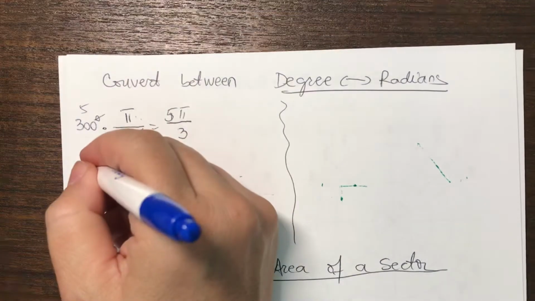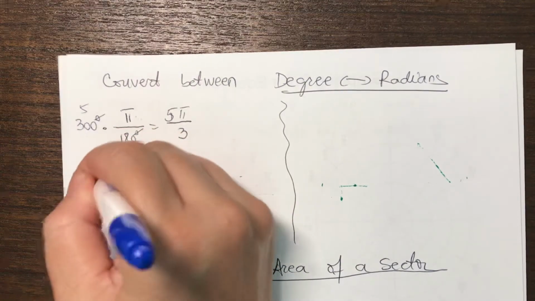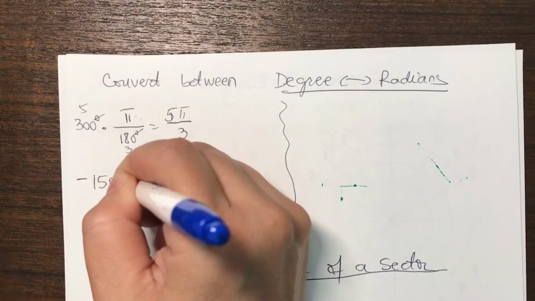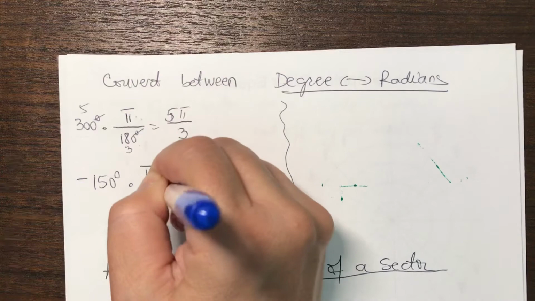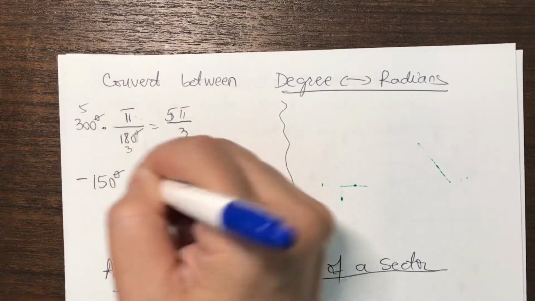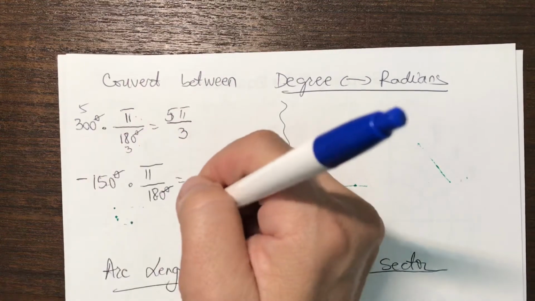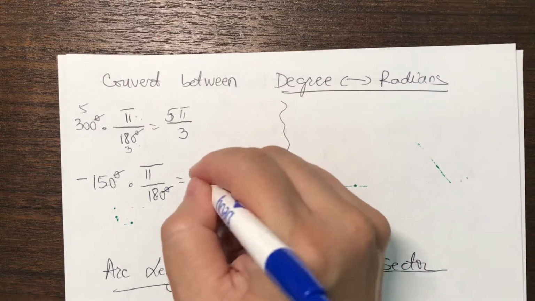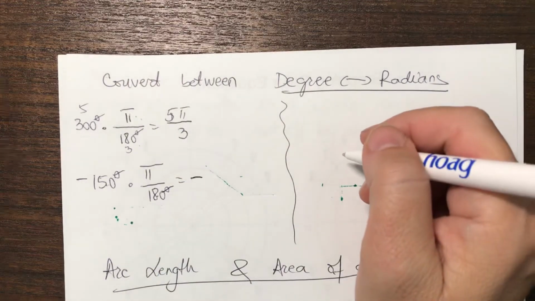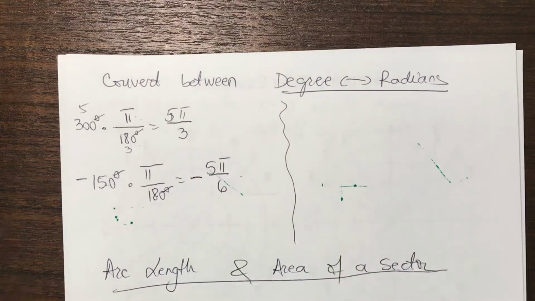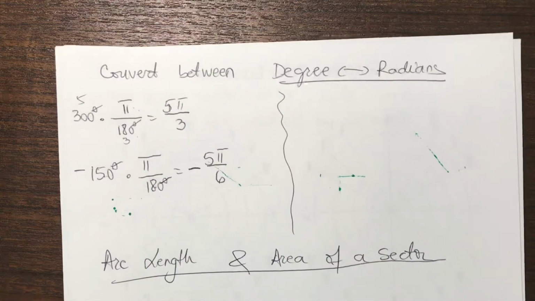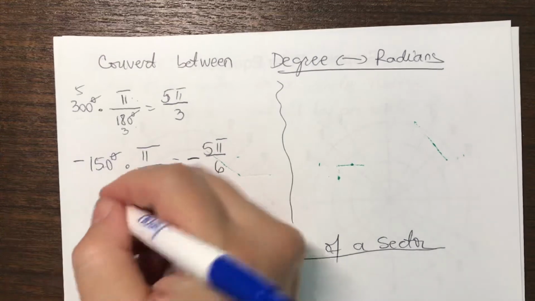Okay. What about negative 150 degrees? Same thing, multiply by pi over 180. The degrees are gone. You can reduce 180 and 150 by 30. And it's still a negative measure, and that's negative 5 pi over 6 radians. Right? Let's try one more.